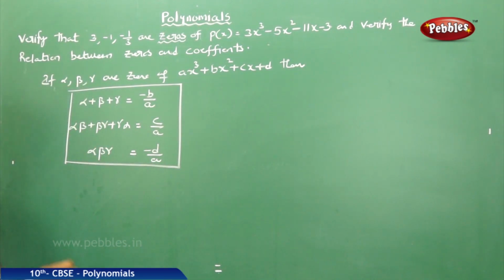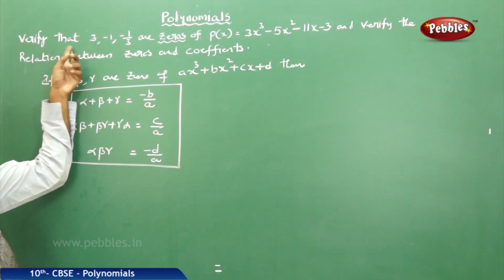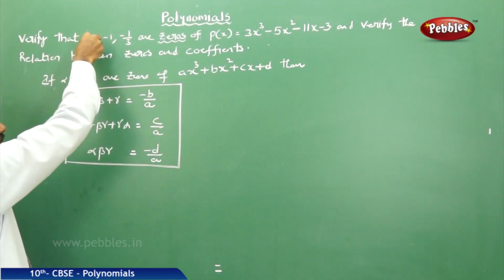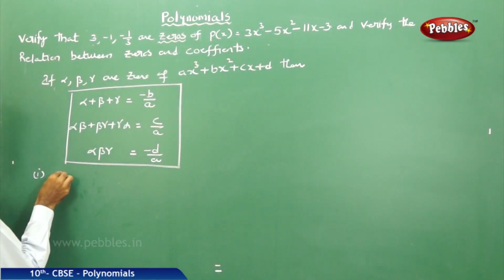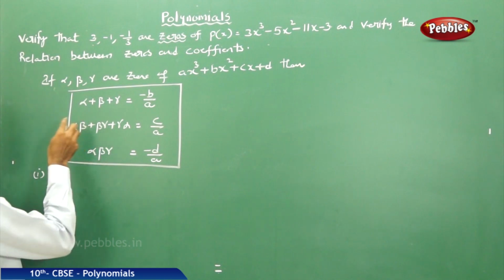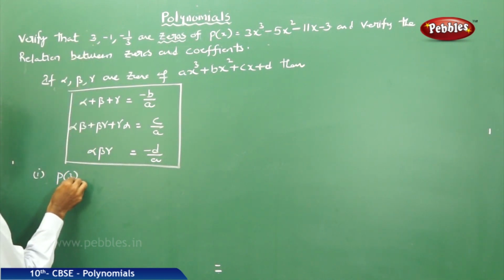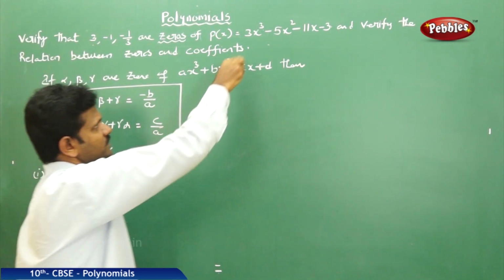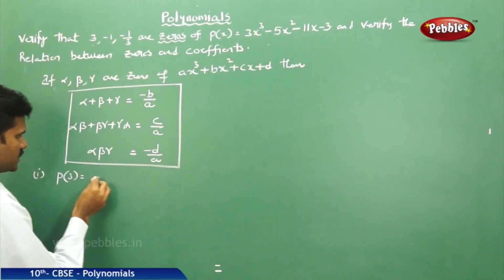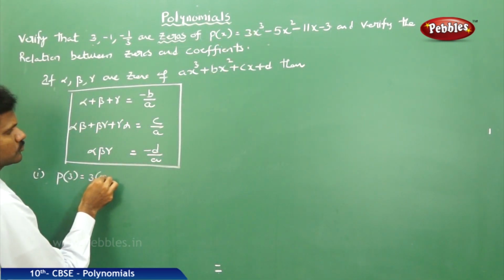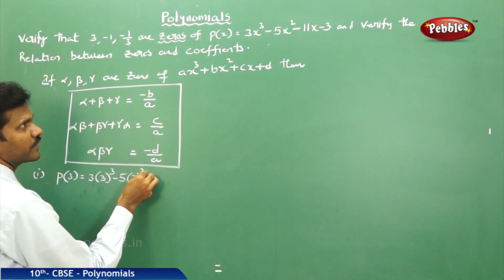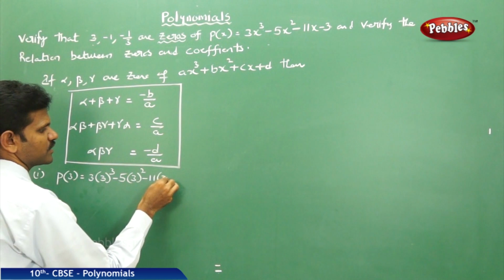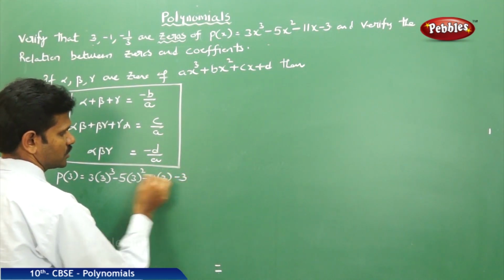Now let us see the first one. The condition number 1, verify that means whether 3 is the zero of the given one or not. Let us check. That is, p of 3 is equal to, in place of x substitute 3, that is 3 times 3 cube minus 5 times 3 square minus 11 times 3 minus 3.